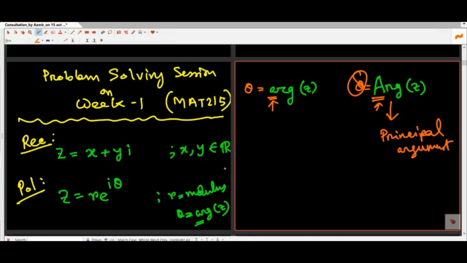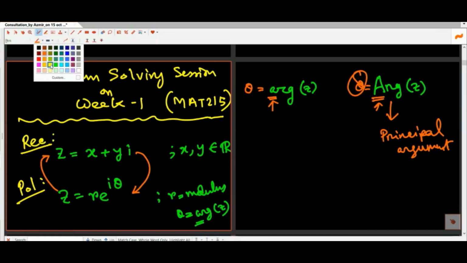So we know how to convert rectangular form to polar form and from polar to rectangular. So now, besides this, we also have to know the definition of principal argument.